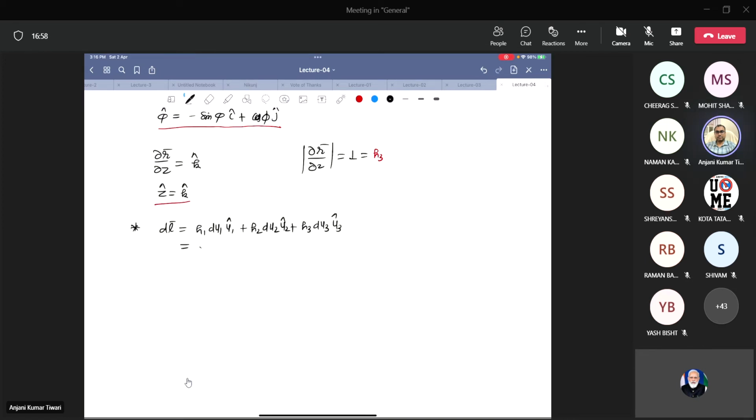So that will be d rho rho cap plus rho d phi phi cap plus dz z cap.